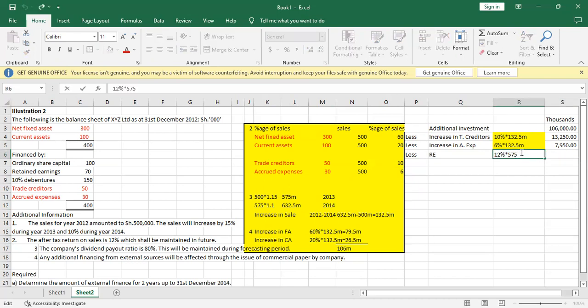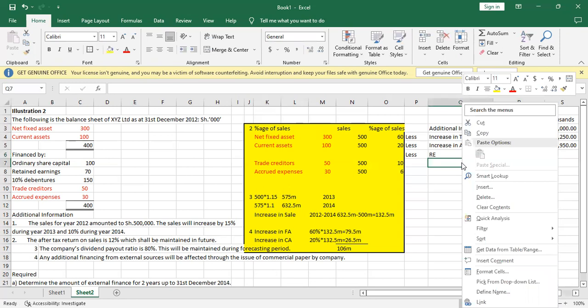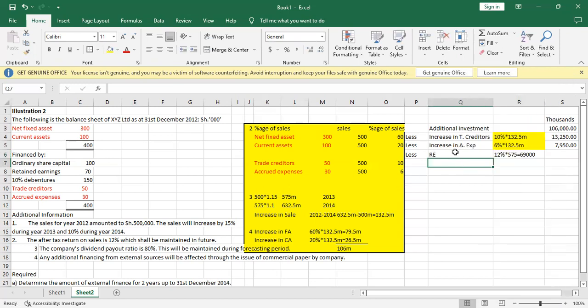Let me write that figure here. I'm getting 69,000, because I'll want to subtract first the dividends.